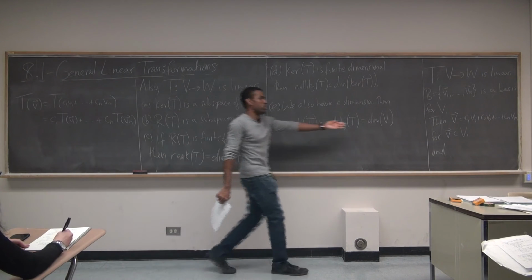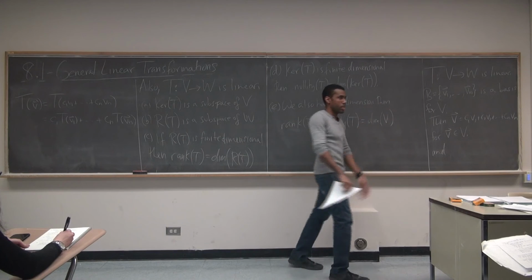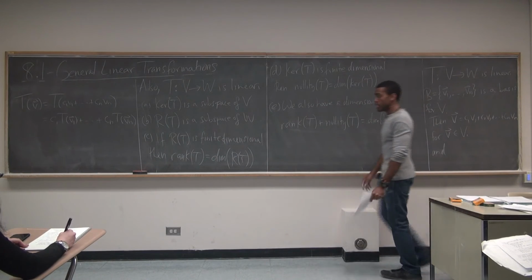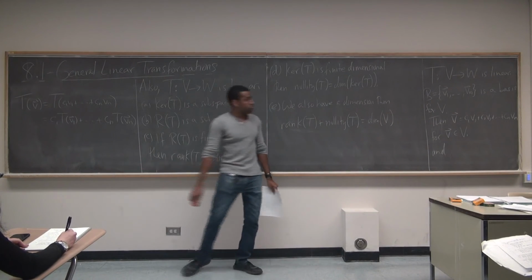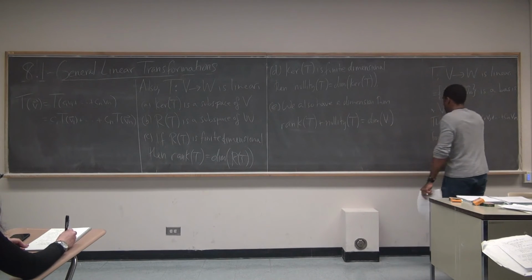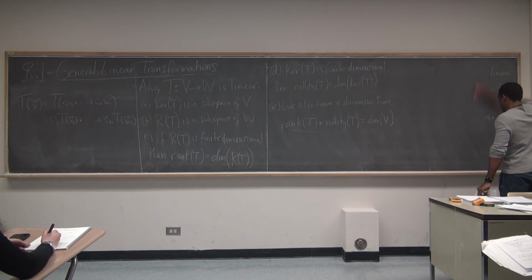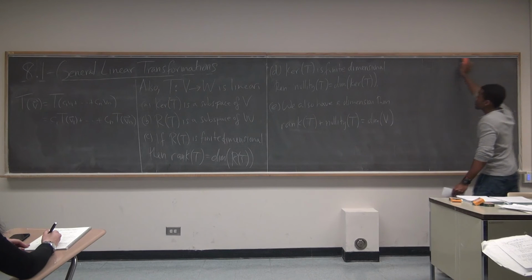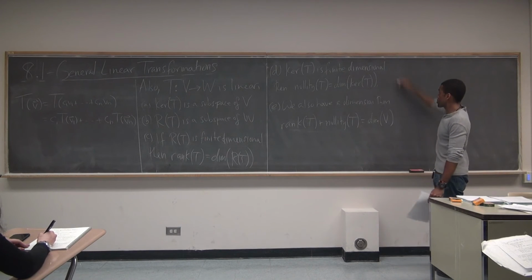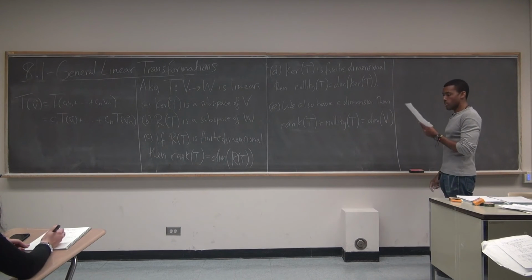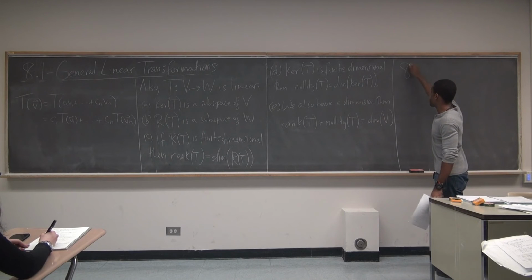The dimension of V would be the number of columns you have. It's exactly the same as the previous dimension theorem, just stated in a different language. That's kind of 8.1.